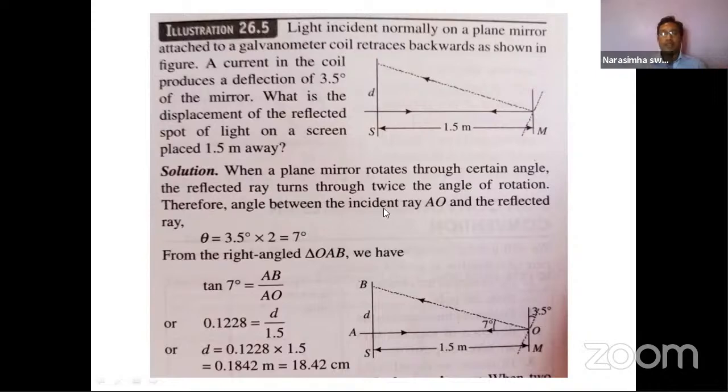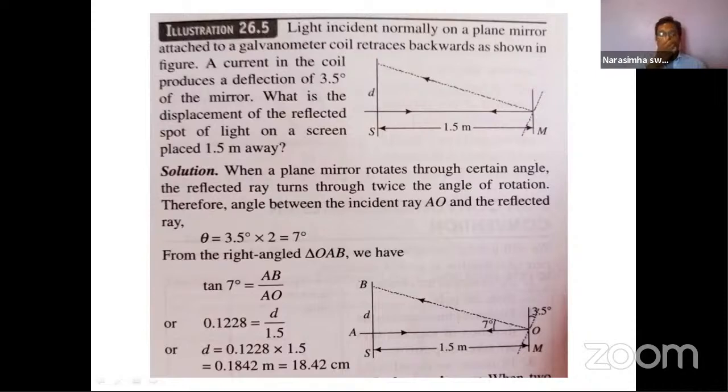The mirror is rotated by 3.5 degrees, that is theta here. Once it is deflected by 3.5, the incident ray at point O reflects with the double angle, that is 3.5 and 3.5, that is 7 degrees.